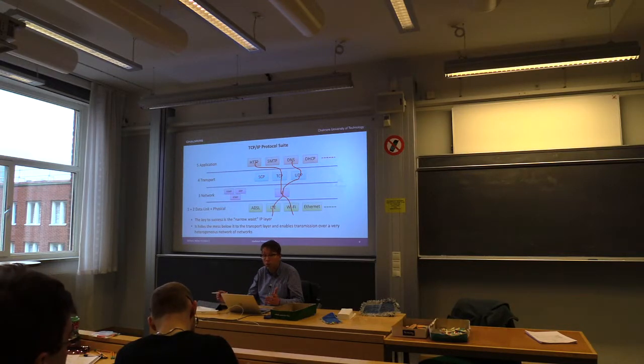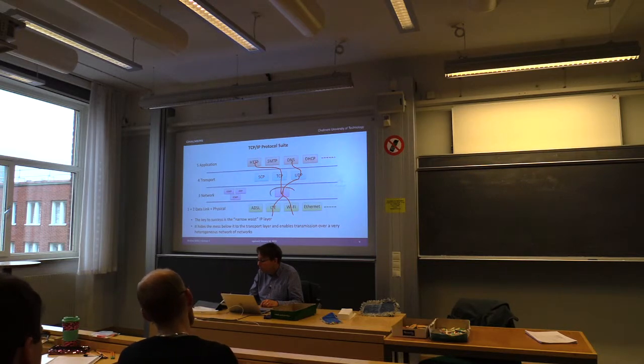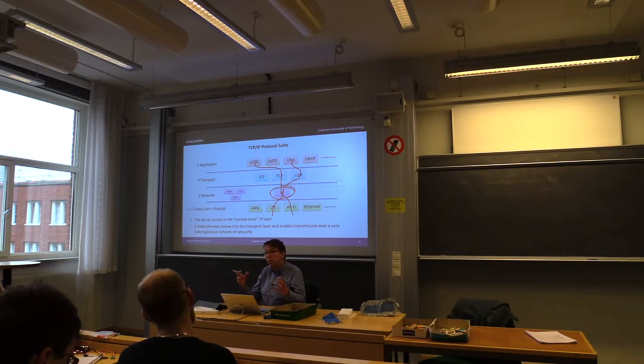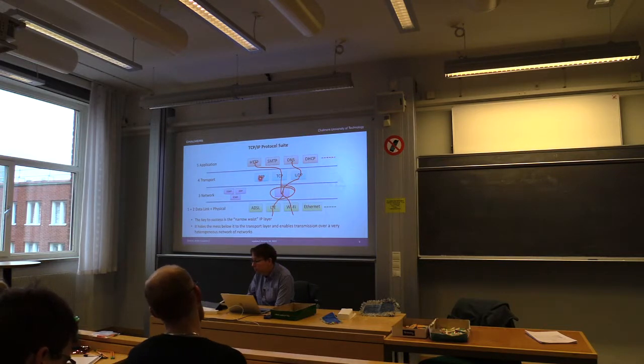I don't know, right? But the point is that everything goes through IP here. That provides this connectivity between different networks. And yeah. Okay, so IP basically hides the mess that's below here and provides a unified service up here to these protocols, which refine them for different purposes of the application layers.